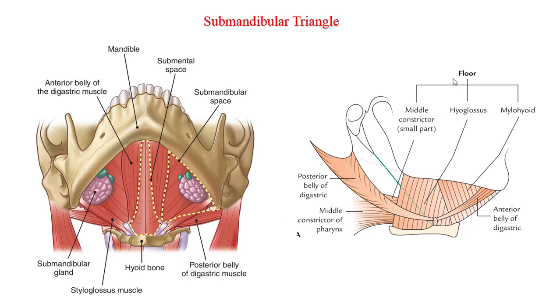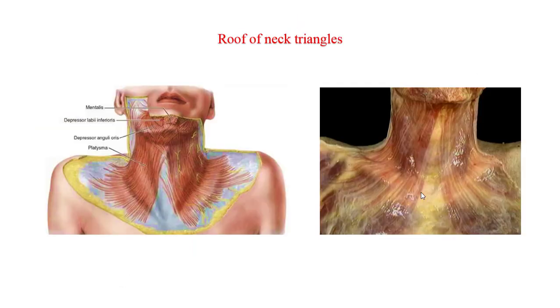The floor of the submandibular triangle is made by the mylohyoid muscle as well as the hyoglossus muscle, which also forms the floor of the oral cavity. The triangle is also covered by the skin, fascia, and the platysma. As you see, the covering or the roof of all triangles will be the same.